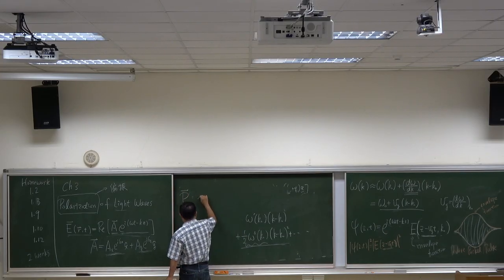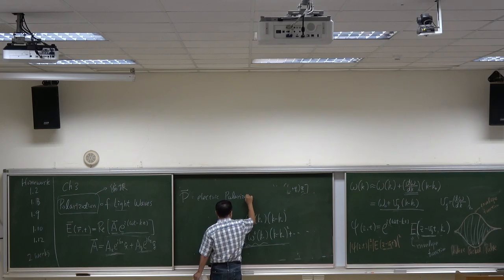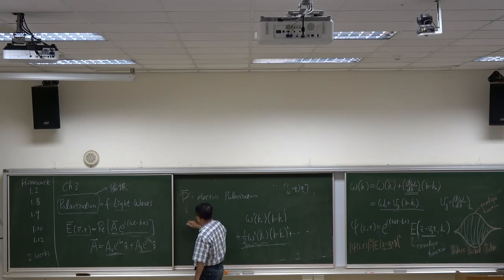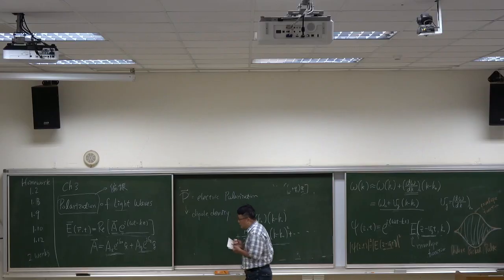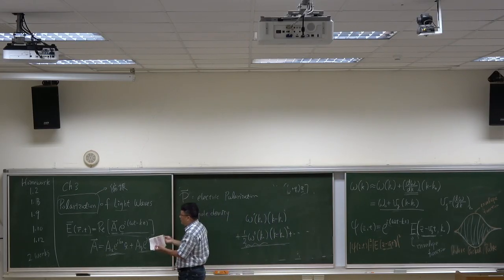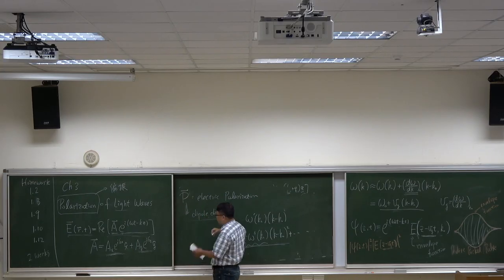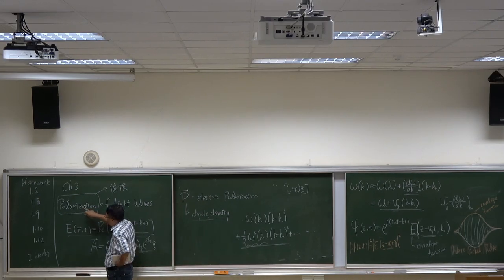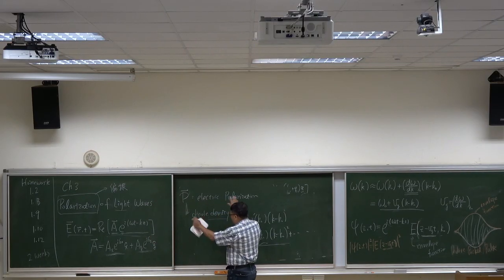This quantity is nothing but the dipole density, which means the total dipole per unit volume. 就是每单位体积中的电偶极矩的总量，这个叫 electric polarization。But this polarization here means the vibration direction of the E field. They are not the same.